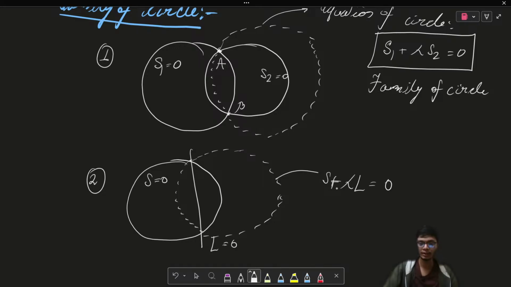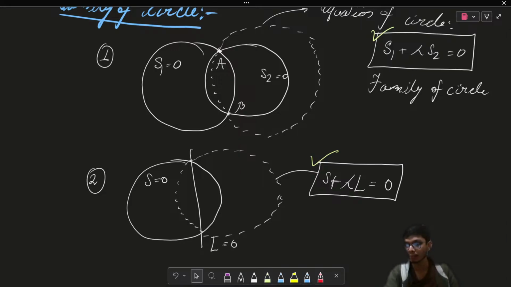Instead, we will have S plus lambda times L equals 0. So this is how the equation of the family of circles will look in these two cases. There can be further variations of this, which we're going to discuss in our next class. In today's class, let us quickly go on to solve some problems.